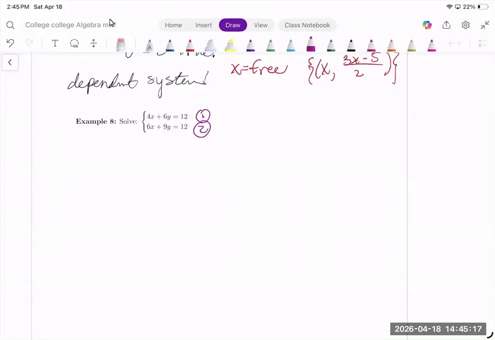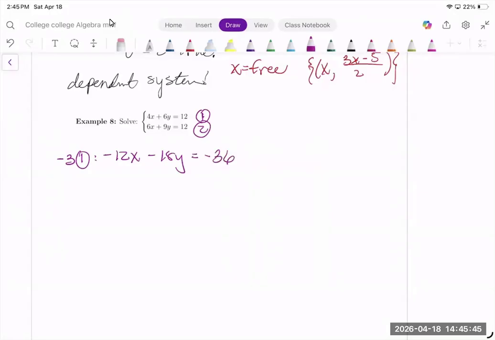4 and 6 both go into 12. So let's do what? Negative 3 times equation 1. Sorry, eraser. Negative 3 times equation 1 is negative 12x minus 18y equals negative 36.